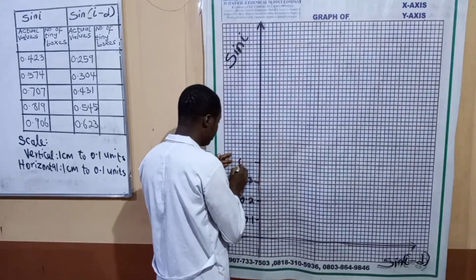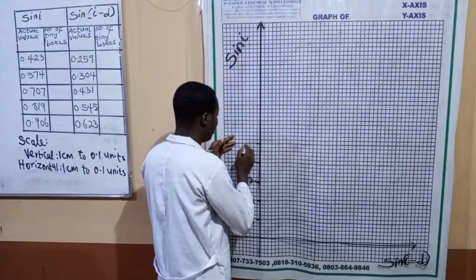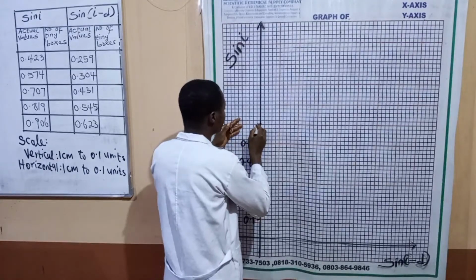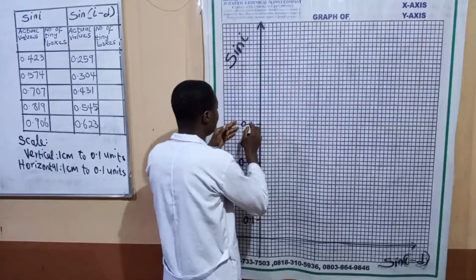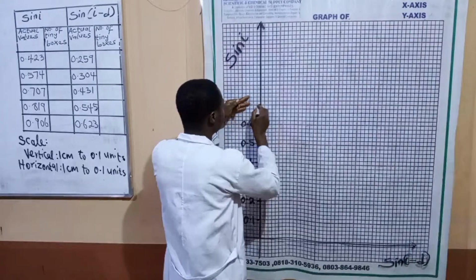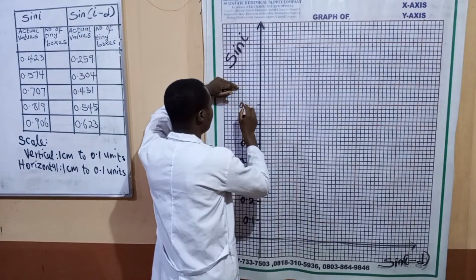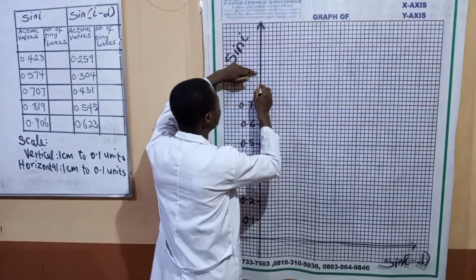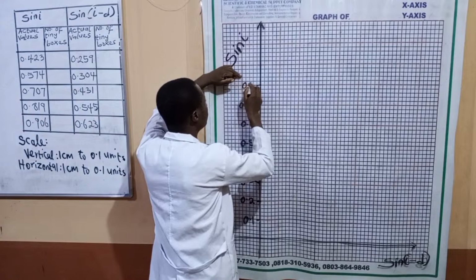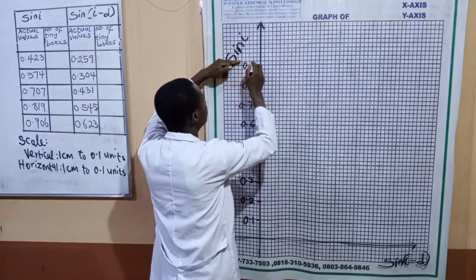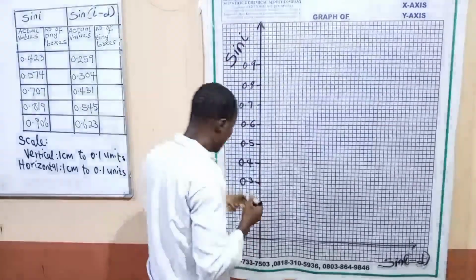Then we have 0.4. Then 0.5. Then 0.6. Okay, then we have 0.7, 0.8, 0.9. We are done with the vertical axis.